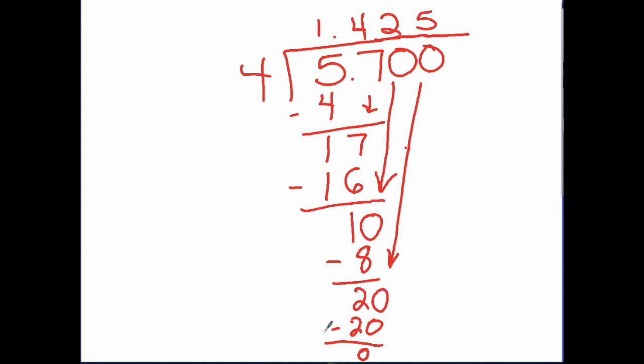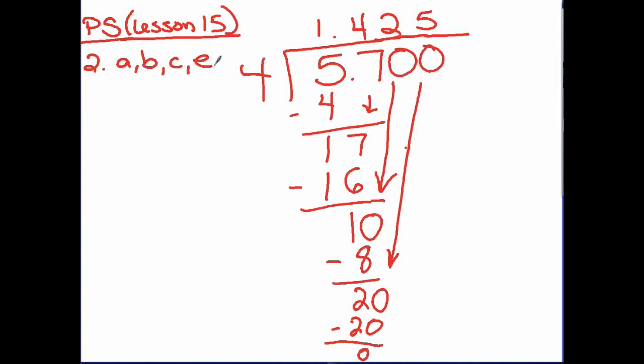Your assignment is problem set from lesson 15. So you're going to do problem set 2, A, B, C, E. If you're having a problem with the division, make sure you keep adding your zeros.